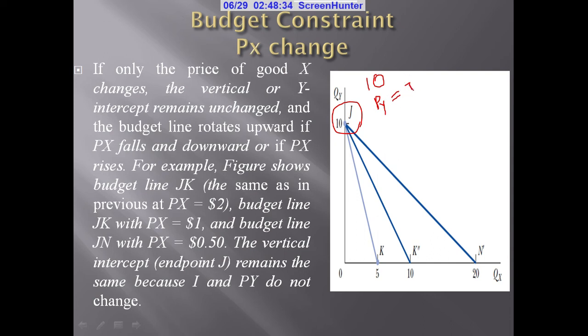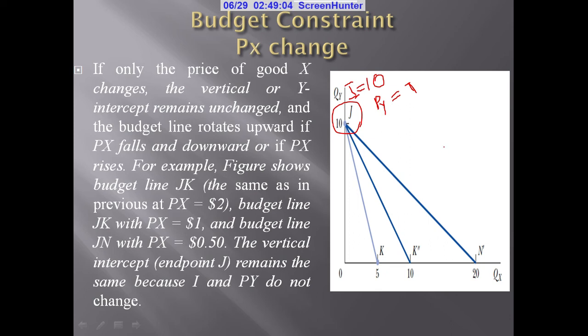There is no change in this, the price is 1 and the income I is equal to 10. Income and the price of Y remain unchanged. Therefore, the vertical or y-intercept remains unchanged, and the budget line rotates when only the price of X changes.